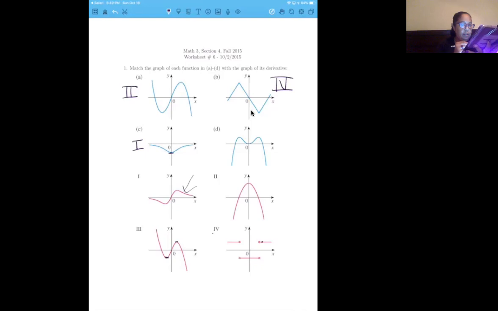It is decreasing, so it should be below the x-axis before that point. It should be below the x-axis again after this point, and increasing in between those 2 points. So it should be above the x-axis.